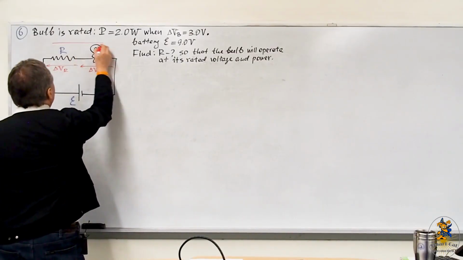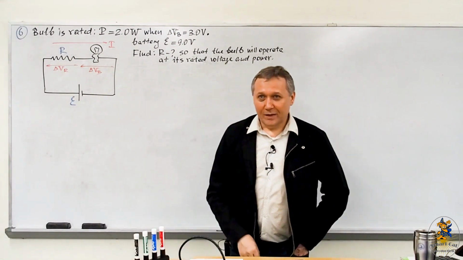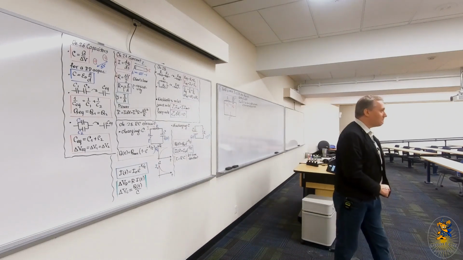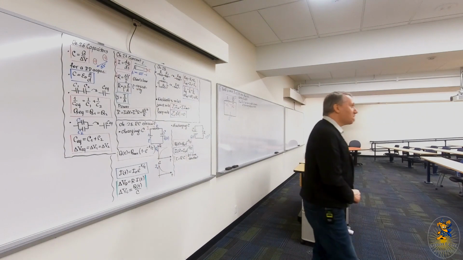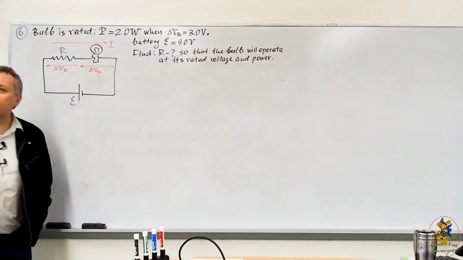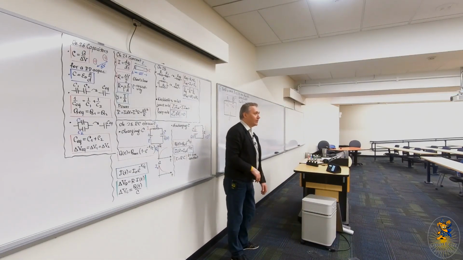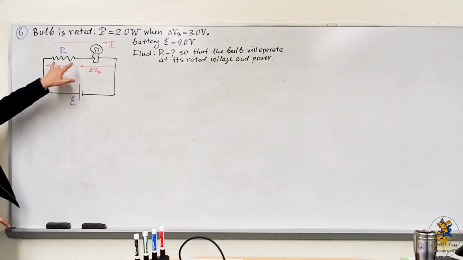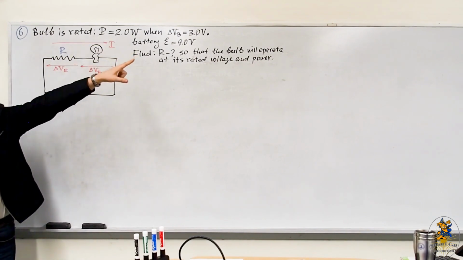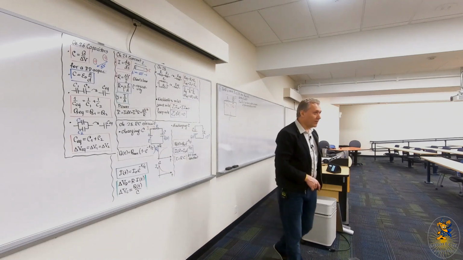Now, can you actually find the value of this current immediately? Even, for example, without applying Kirchhoff rules or something like this, look at the wattage of the bulb. At the end, of course, when we find the correct value of R, our bulb would operate with these values of delta V, and this will be the power dissipated in our bulb.